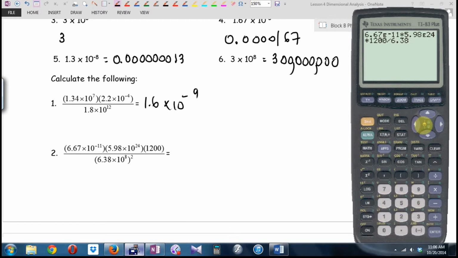There's a squared. I may have to put this in brackets. Let's be paranoid. Bracket 6.38, scientific notation button 1/8 squared. So try typing that in. And you're going to end up, hopefully, with 1.175, well, that. Okay?